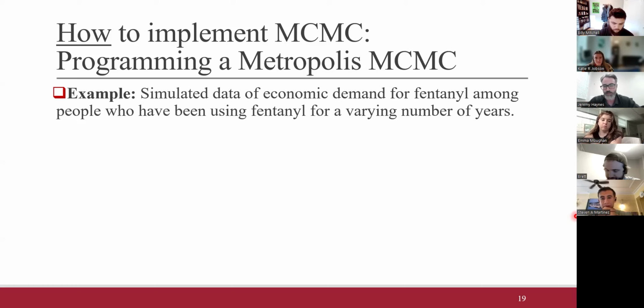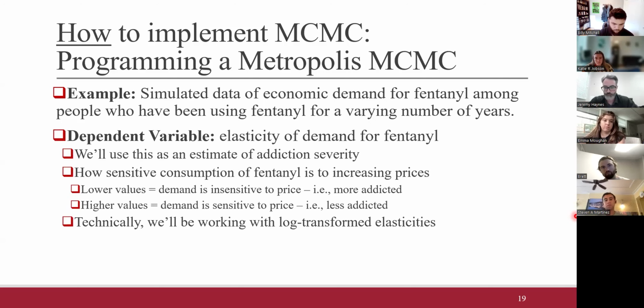So here I simulated some data, economic demand data for people using fentanyl and who've been using fentanyl for some number of years. The dependent variable, I'm only going to describe very broadly. I have the specific details here. It's called elasticity of demand. This is just a measure of demand or preference for fentanyl.